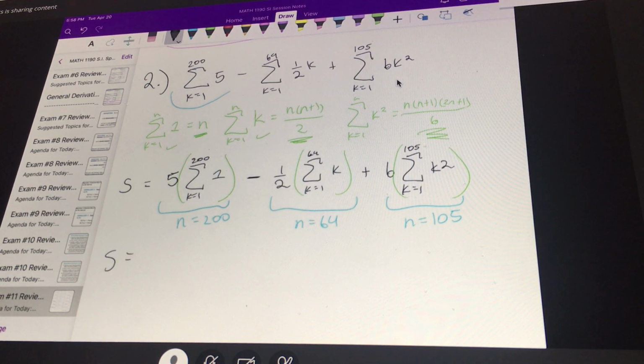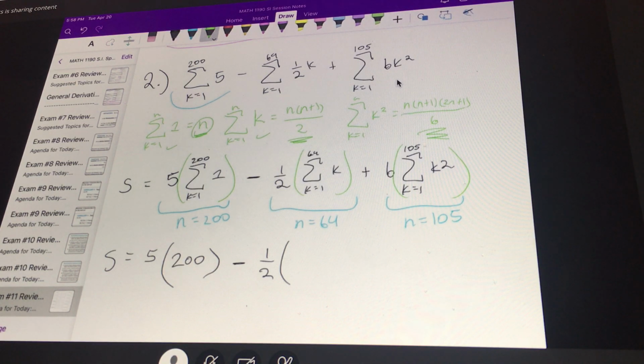So from here, we are going to have 5 times 200, because our formula just says n for that first one. And then we have minus, we still have that 1/2 multiplier, and our n is 64.